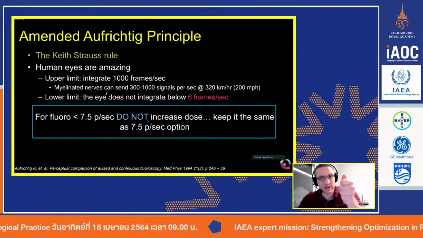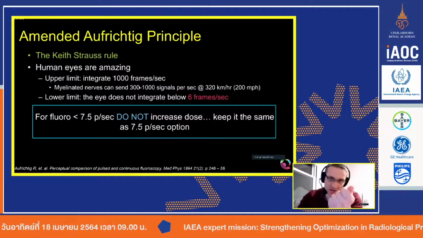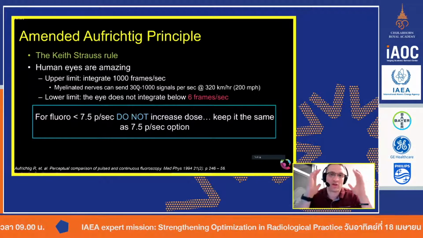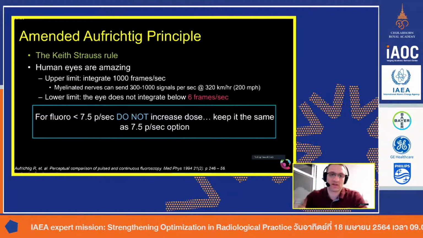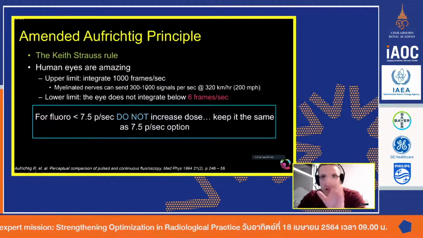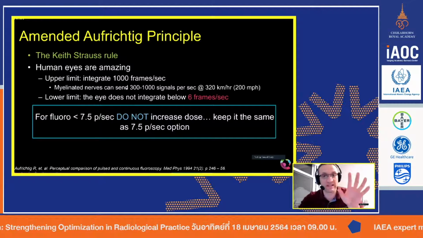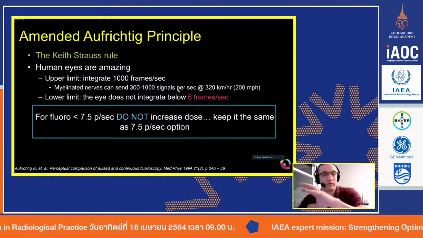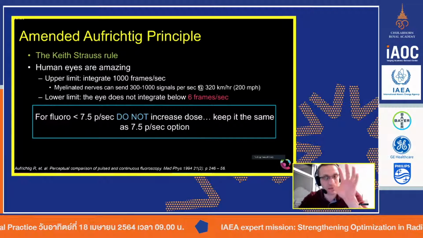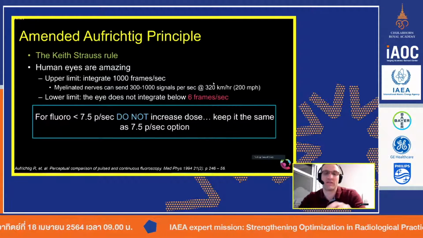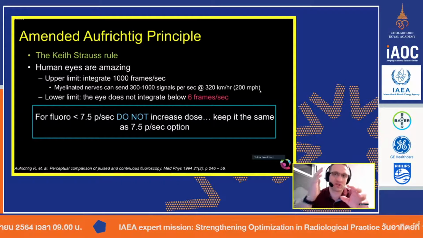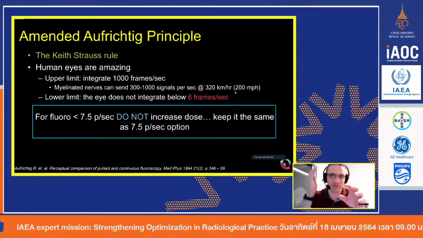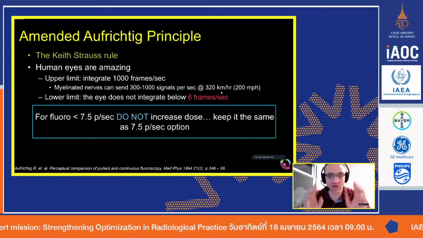But it doesn't make sense to keep changing that dose, because at 6 or lower, your eye does not integrate that. Therefore, the perceived noise will be the same at 6 frames, 4 frames, 3 frames, 2 frames, 1 frame. The noise will be the same in the image. Obviously, it's coming at you more slowly, there's more of a lag, it's more choppy because you're doing fewer frames or pulses per second. But the noise is the same.